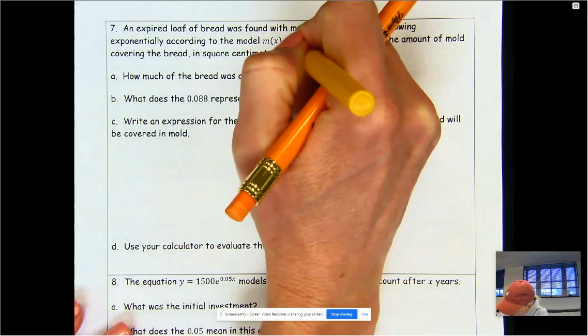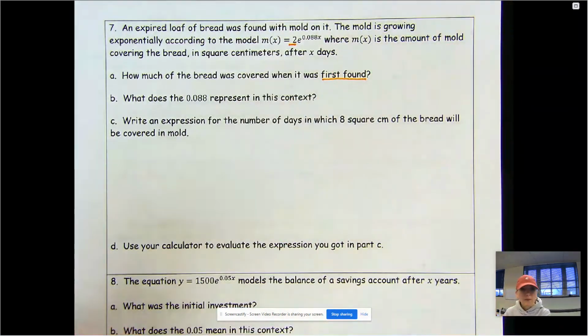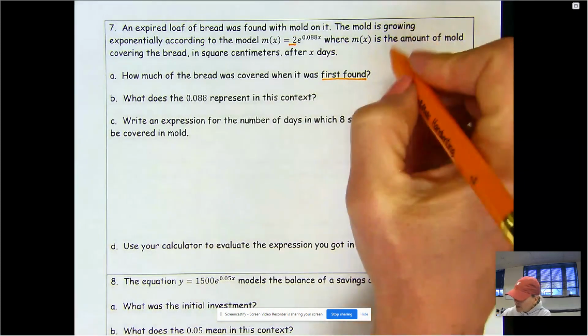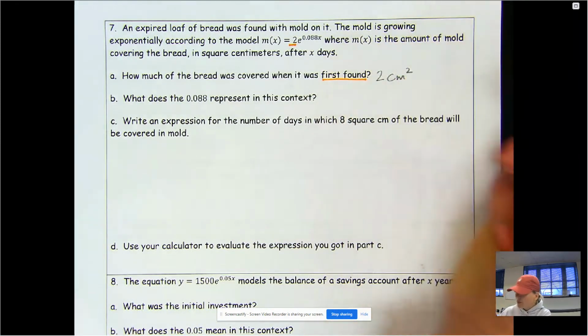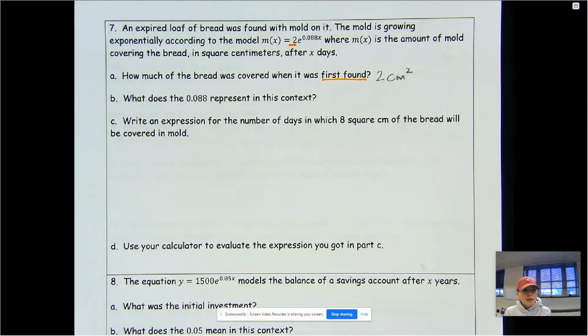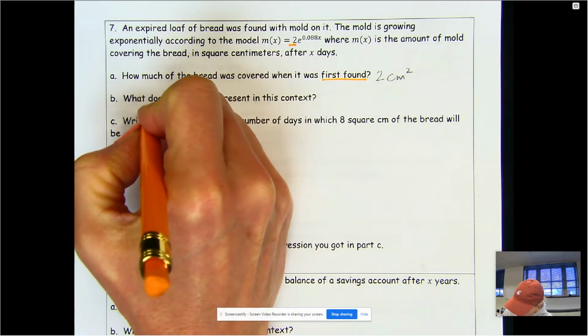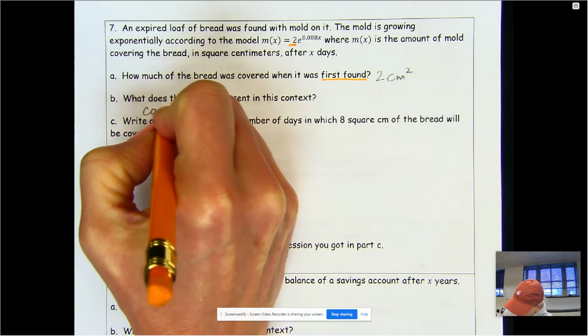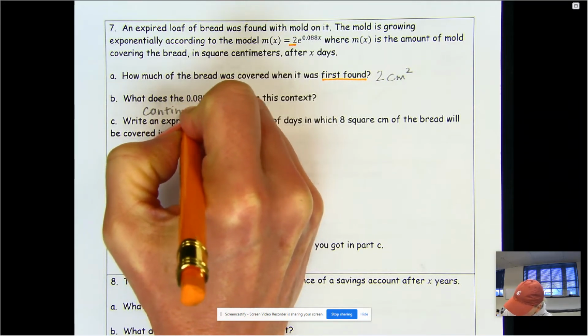So this 2 right here tells me when it was first found, 2 square centimeters of the bread was covered in mold. The 0.088 in this context is the continuous growth rate.